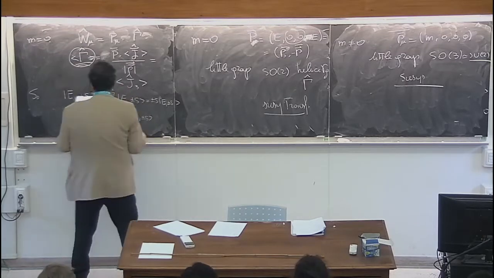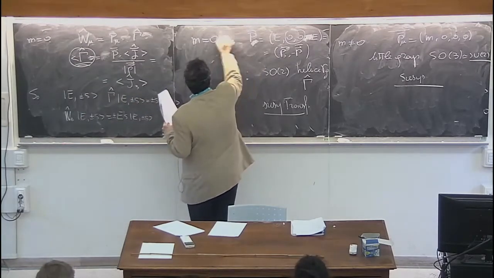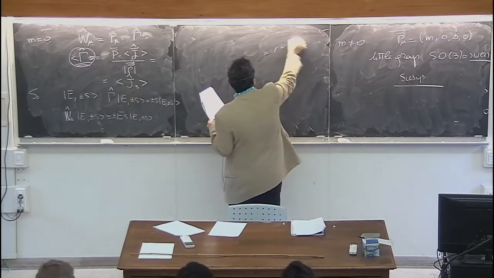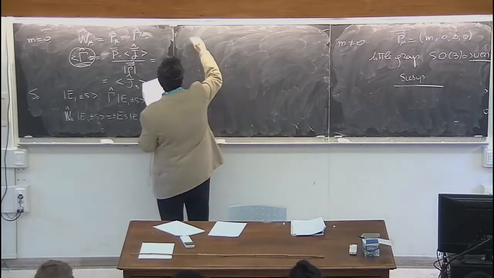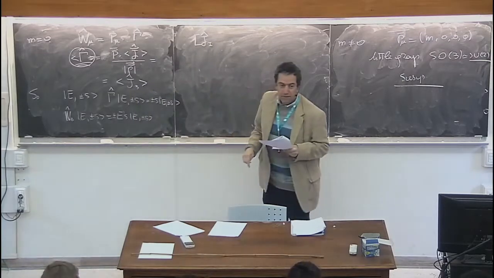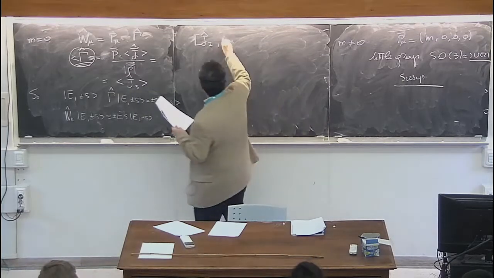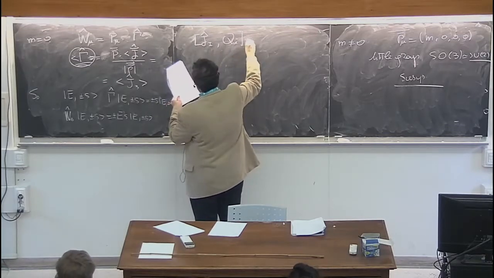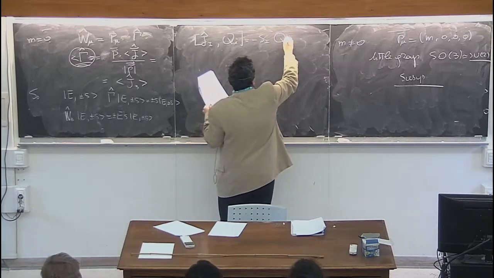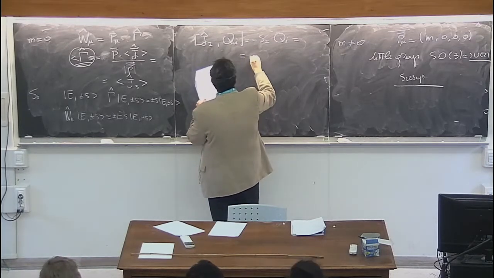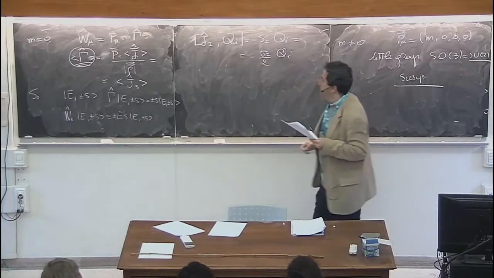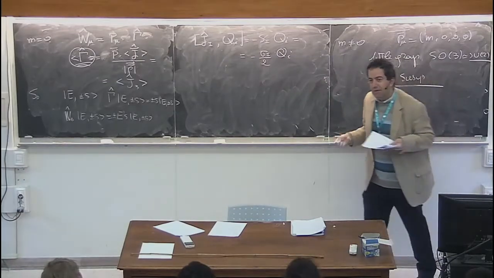Now let's evaluate the commutator between the supersymmetry generators and the helicity operator. We know that J_i, the rotation generators on Q_i, is equal to minus S_i, which is minus sigma_i over 2 times Q_i. Remember the representation of the spin generators.